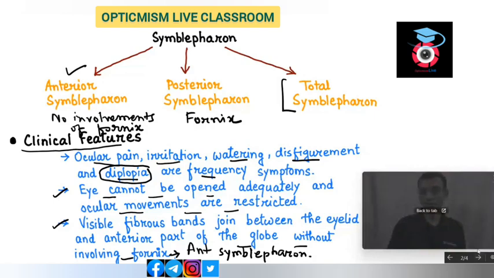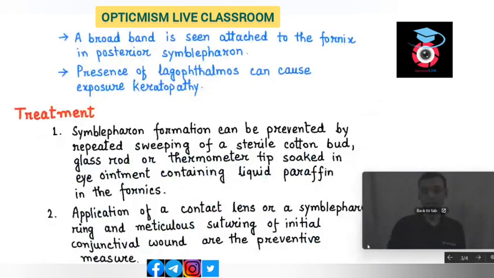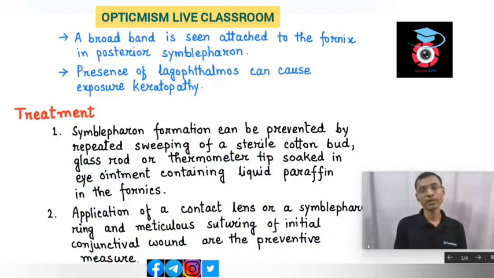But what is posterior symblepharon? Posterior symblepharon involves only adhesion at the level of the fornix. A broad band is seen attached to the fornix in posterior symblepharon.